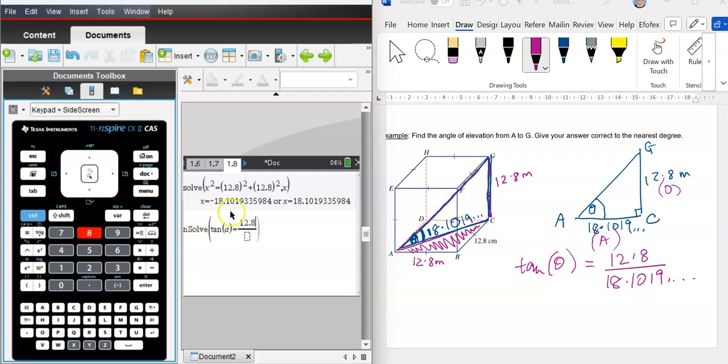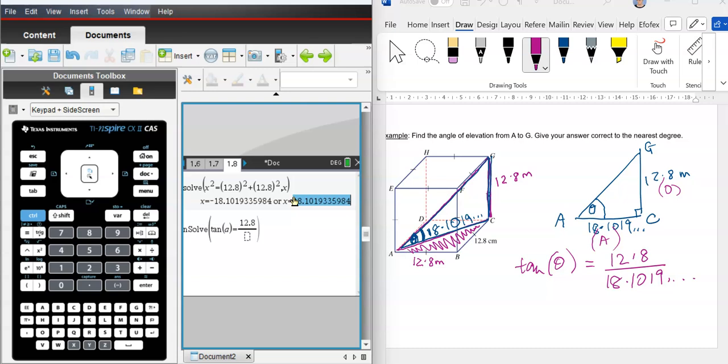And to get this adjacent side, the whole thing, with your calculator, if you put your cursor in front of the number that you want to highlight and double click it, you'll see it highlights the whole number. Unfortunately, to get it onto the bottom part of the fraction, you do actually need to copy it and then paste it.